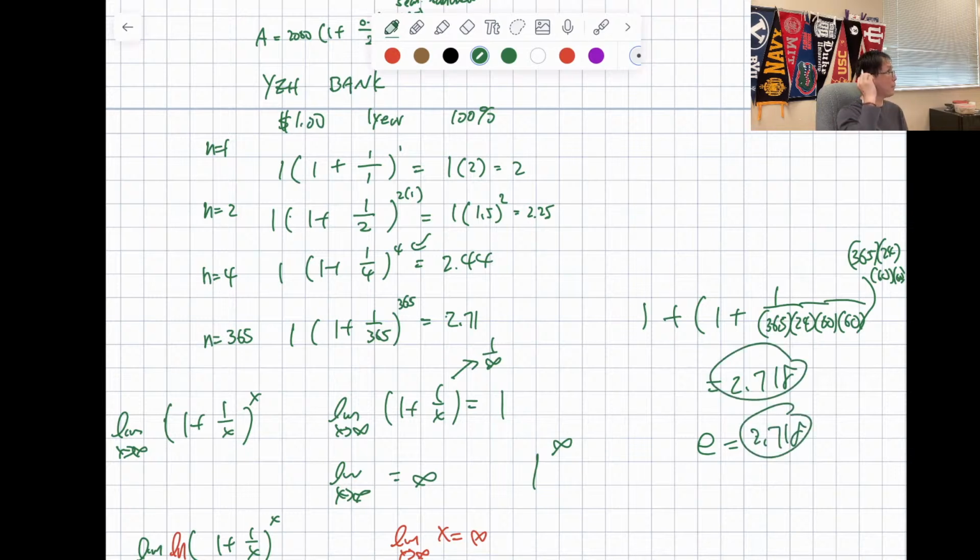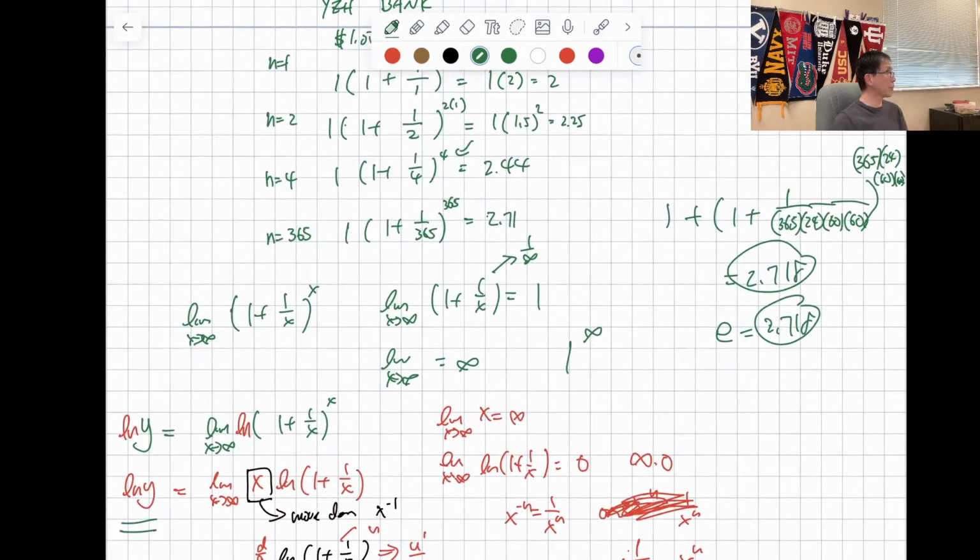Now remember, a long time ago, you also learned something. How do you get E? Somebody mentioned that. P-E-R-T. Do you remember E? This is continuous compounding, and this is where the E comes from.